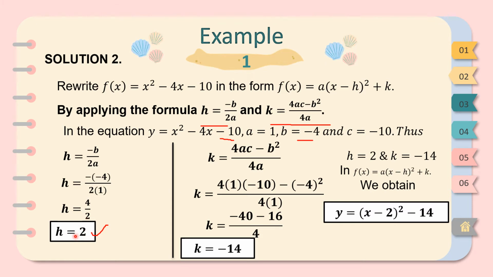So, sabi po, i-change po yung sign. So, magiging negative. Squared minus 14. So, nakuha po natin, the same lang po yung sagot, solution 1 and solution number 2. Let's proceed.